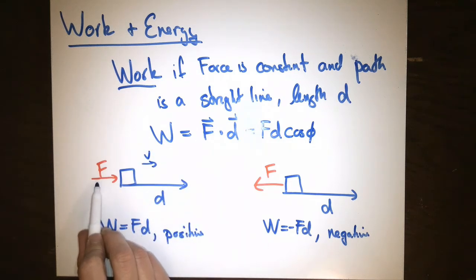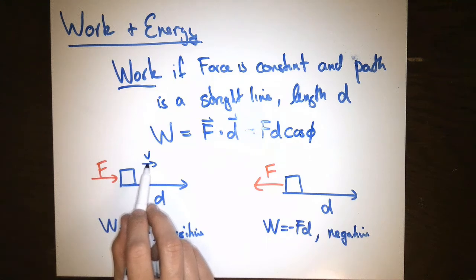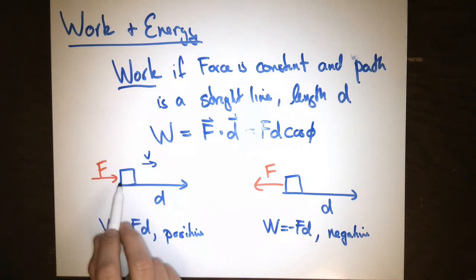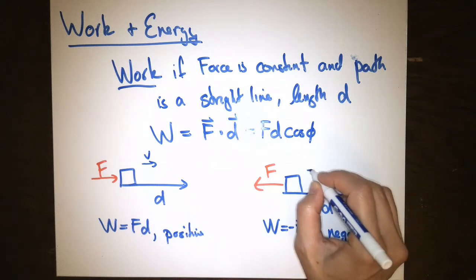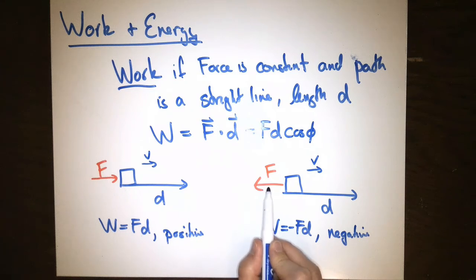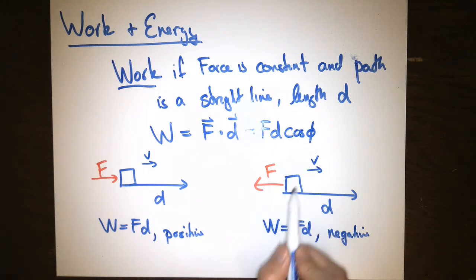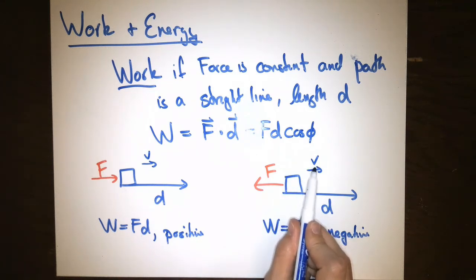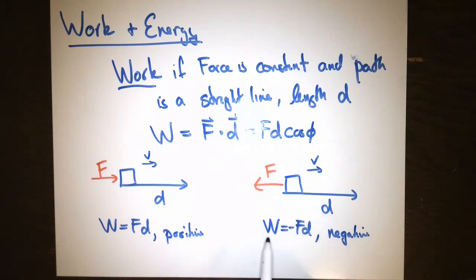Only forces, and thus accelerations, which are in the same direction as motion, are going to speed it up and give it more kinetic energy. Versus over here, where the velocity must be in that direction, forces and thus accelerations which are anti-parallel to the velocity are slowing it down, reducing its speed and taking away kinetic energy. Those works are negative, and that's because those forces are removing energy from these objects.